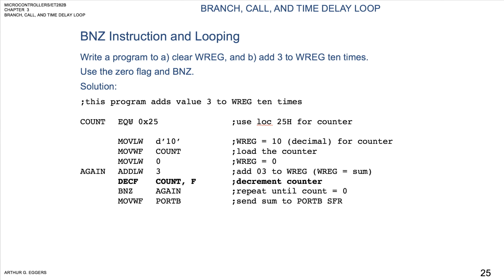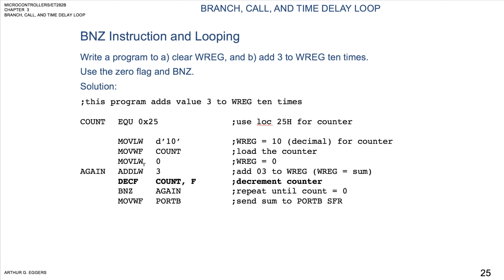We can see that we've got our counter part and our "again" label. This looping action continues until the file register count becomes 0. After the count becomes 0, it falls through the loop and executes the instruction immediately below it.